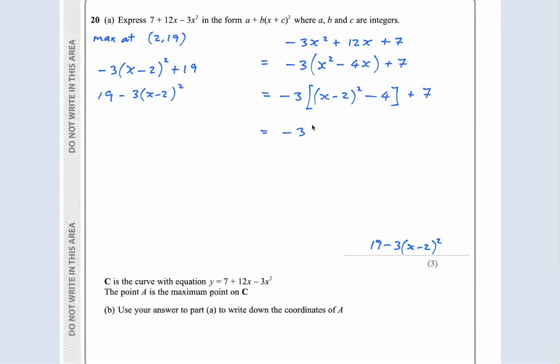I get minus 3 into x minus 2 squared, and minus 3 times minus 4 is plus 12, and then plus 7, and this gives me minus 3 x minus 2 squared plus 19. Now, obviously, this is way easier than this one.